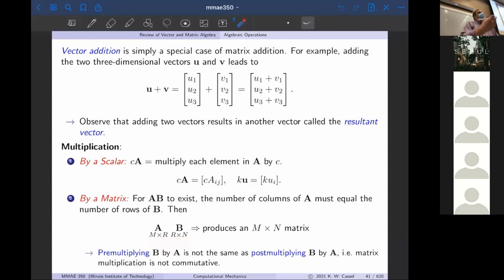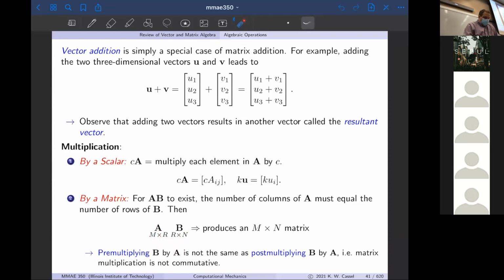So we will talk about pre-multiplication, post-multiplication in order to clearly indicate the order of the multiplication of the matrices. So in this case, it's A times B, and B times A is not the same. In fact, if M, R, and N are different numbers, then B times A doesn't even exist, because then the inner dimensions would be M and N, and they don't match.